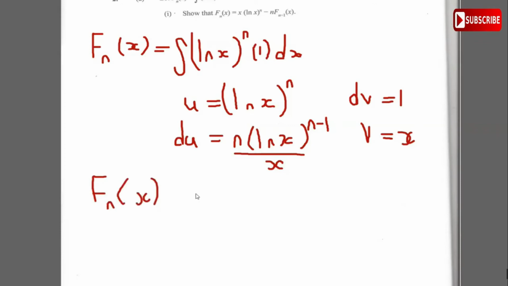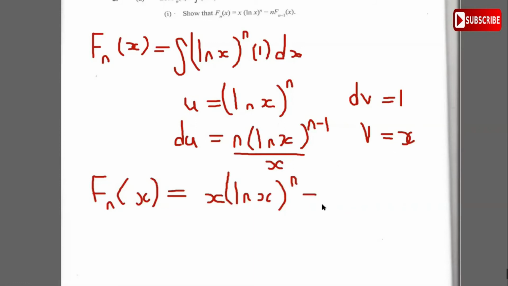Now, once we have that, f_n(x) is equal to, using the by parts formula, u times v, so it's x times (ln x)^n, minus the integral of v du.